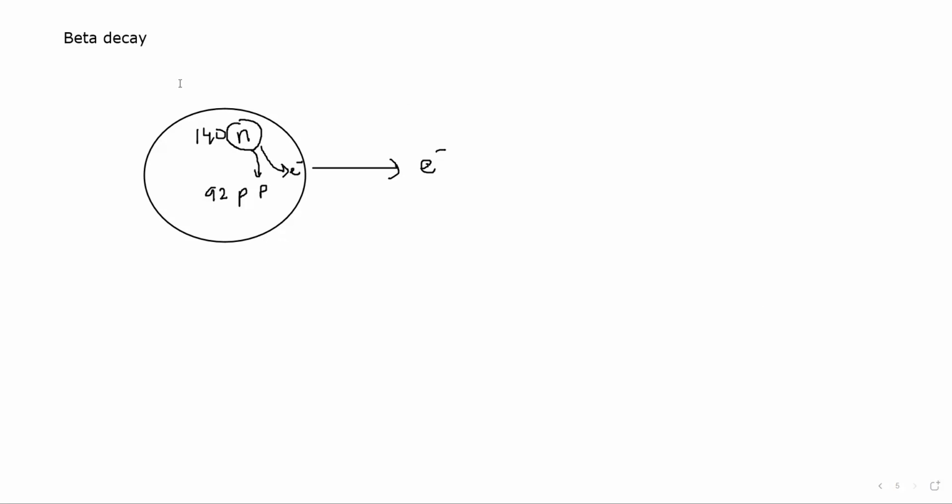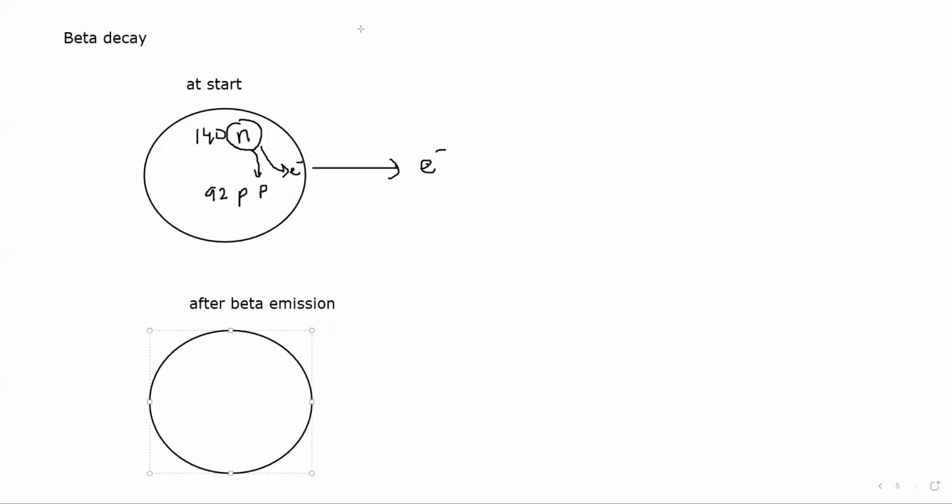This is at the beginning. After emission, how many neutrons will be there? 139. That's right. And there will be 93 protons after emission.